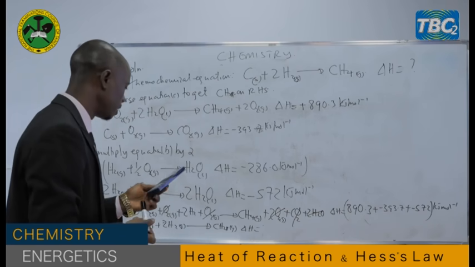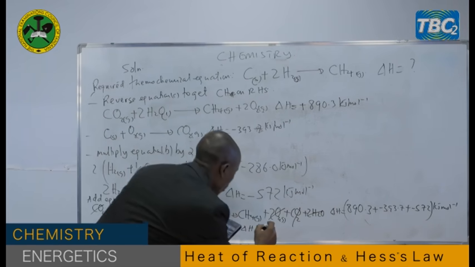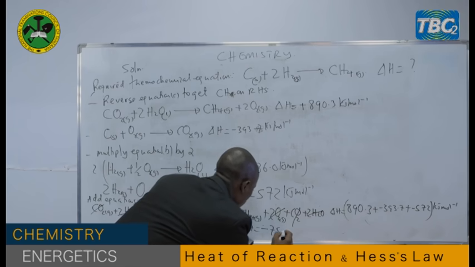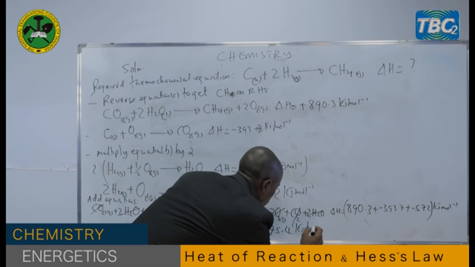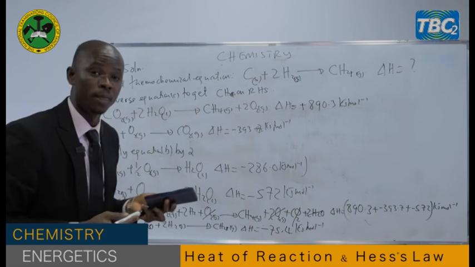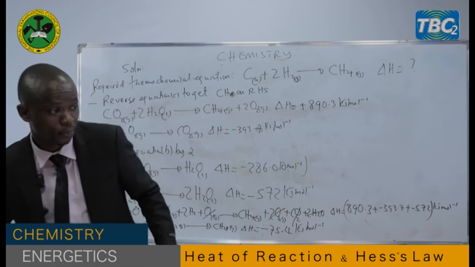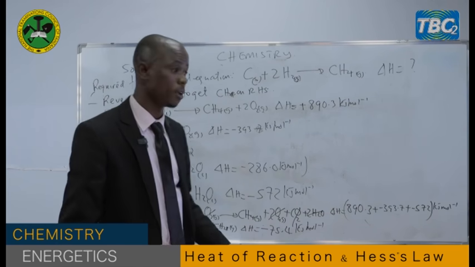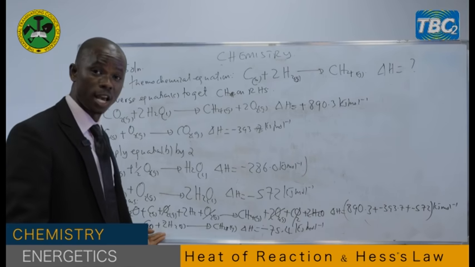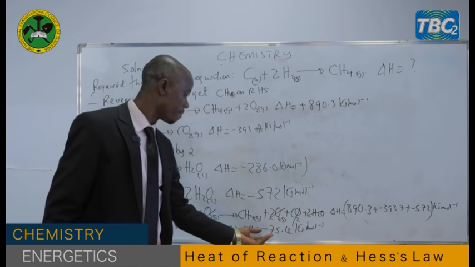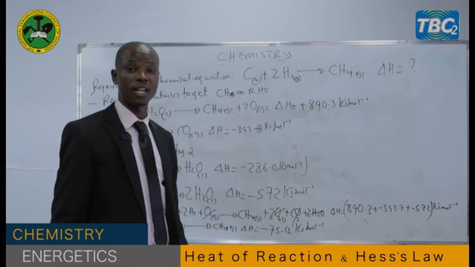When you do that calculation, you're going to get negative 75.4 kilojoules per mole. So you have manipulated the given thermochemical equations to get the required equation, and also you have found the enthalpy change for that reaction.